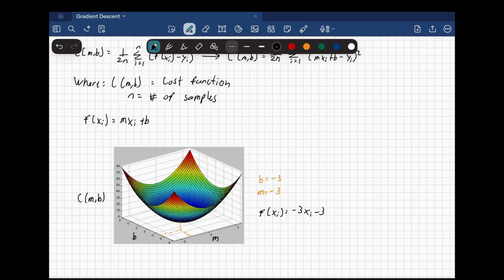Now, how does the machine find the bottom of the bowl? This is done through gradient descent. Imagine that you're standing at any point on this curve, and you are blindfolded. To reach the bottom, you feel which direction slopes downward the most, then take a small step. Suppose you're standing here, and let's suppose that this curve is uneven.